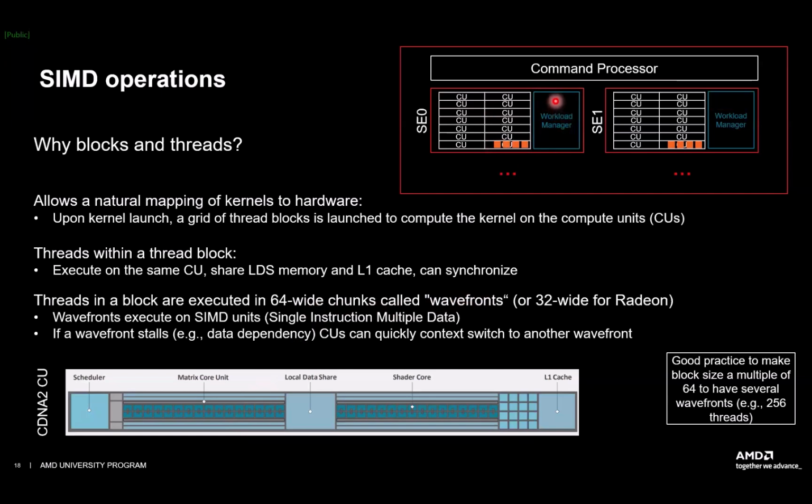And the reason that these all get mapped onto the same compute unit is that, as we mentioned previously, these compute units have these shared resources. And in order for the threads within a thread block to cooperate and solve a problem together, they all need to have access to these same resources, right? The shared memory, the L1 cache, and so forth.